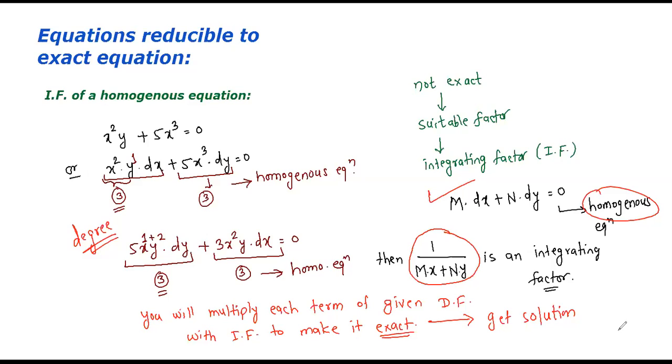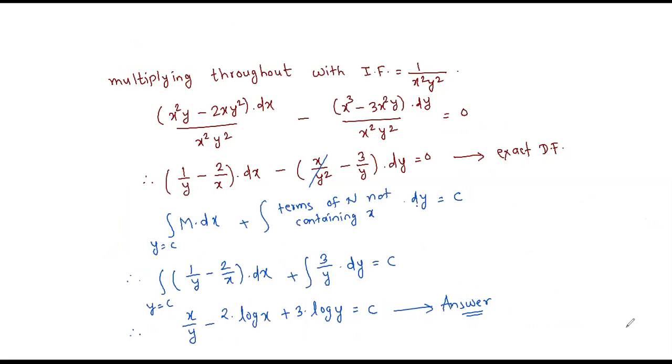So first check whether it is in the form of m dx plus n dy. If it is so, we will simply write these steps. What will be step 1? Step 1, check whether the given differential equation is of the form m dx plus n dy is equal to 0.